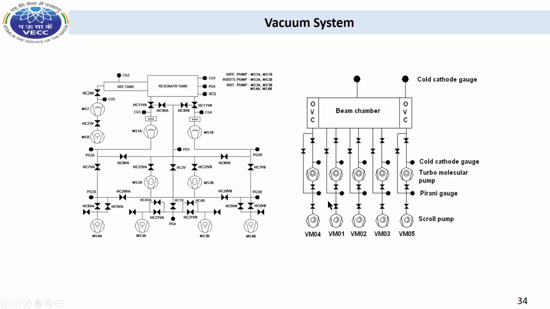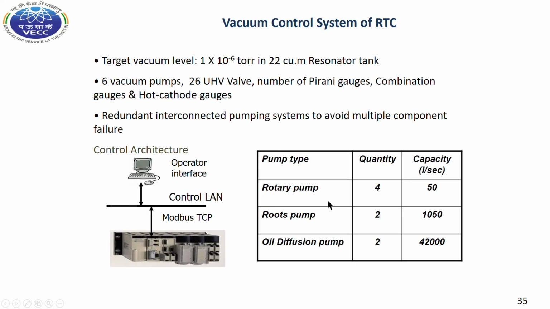Another main system is vacuum system. The process flow diagram of the vacuum systems of both the cyclotrons is shown here. The auto startup of the vacuum system requires sequencing of operation of various pumps, valves, and interlocks.